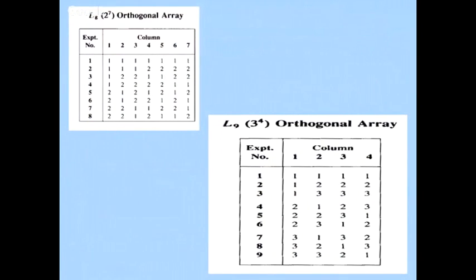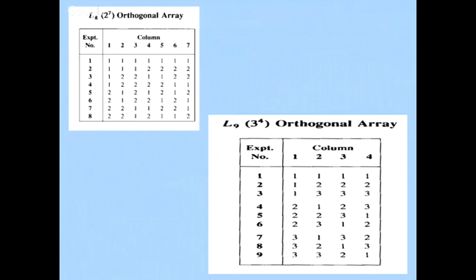Again, though L9 is a very simple array, given the time constraint and the general nature of our talk, this would suffice. Now I have conducted 9 experiments. I used 4 factors. Obviously, you will appreciate that this array does not contain all the possible combinations, because all the possible combinations are 81.